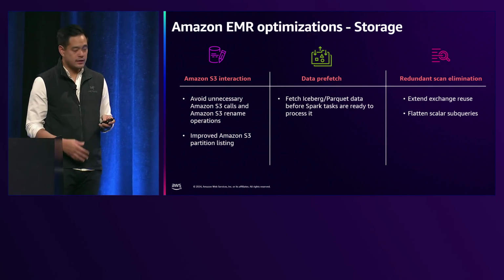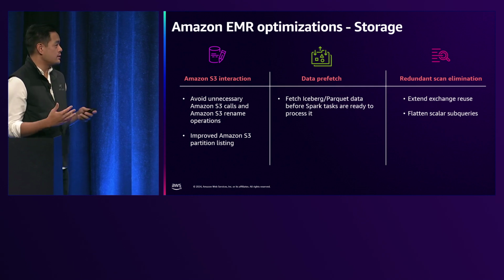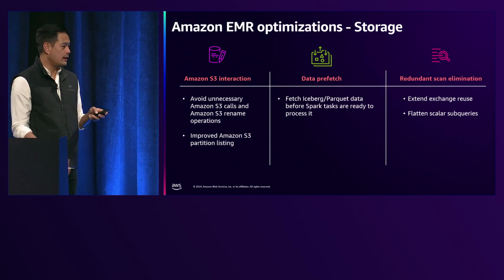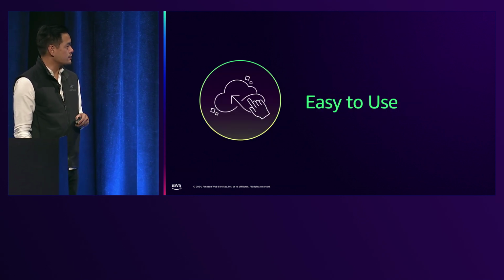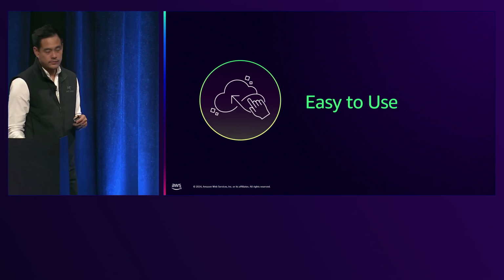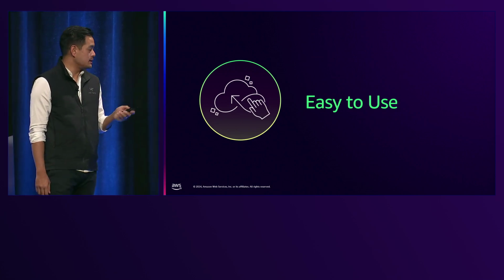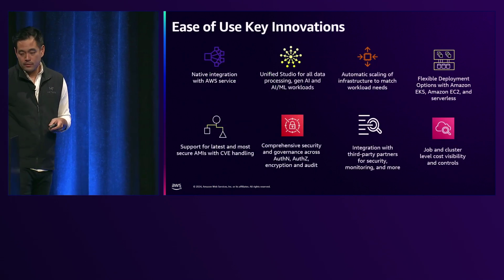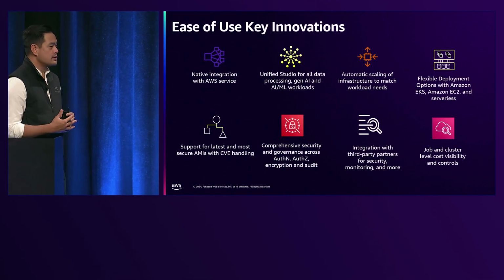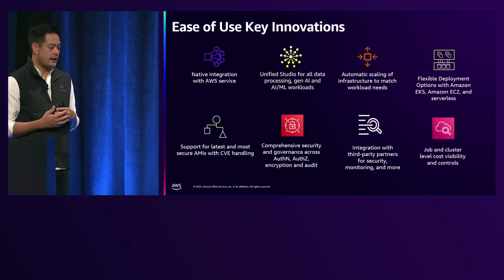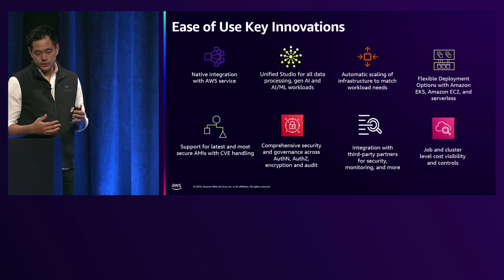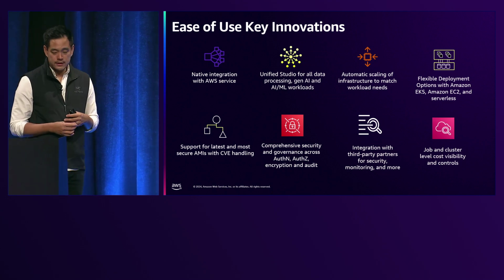Our focus here continues to be around trying to do these optimizations out of the box and making these configuration choices for you. So we've talked about scale, we've talked about price performance, but it also has to be easy to use. Our innovations here have focused on trying to handle the undifferentiated heavy lifting that's required when it comes to data processing.